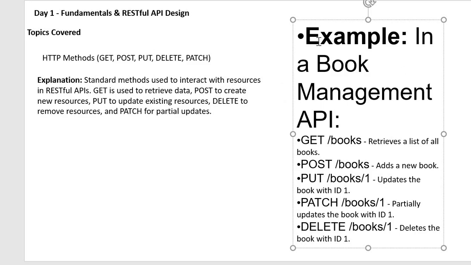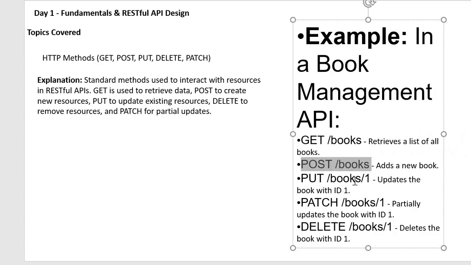From client to server, the remaining whole data we don't send when using patch. Suppose take an example of a book management system. This is a book: get books, to retrieve the books, like Web API books, a book by Darren Chaman, a book by Milan Jacon, like that. And this is post books. If you want to add a new book, we will use post books.